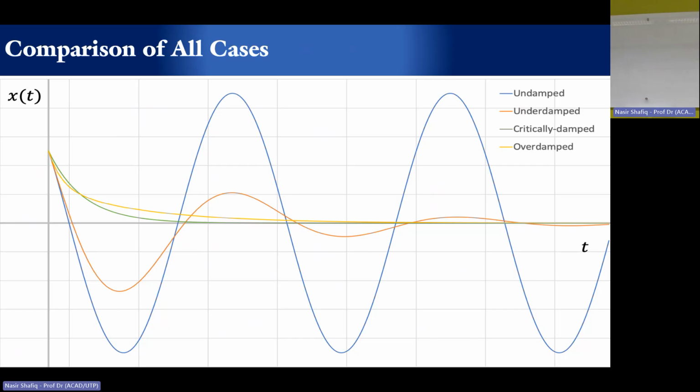As free vibration, we have F inertia plus F damping plus F spring or elastic is equal to 0. So in this we have included damping for single degree of freedom, and with this solution.